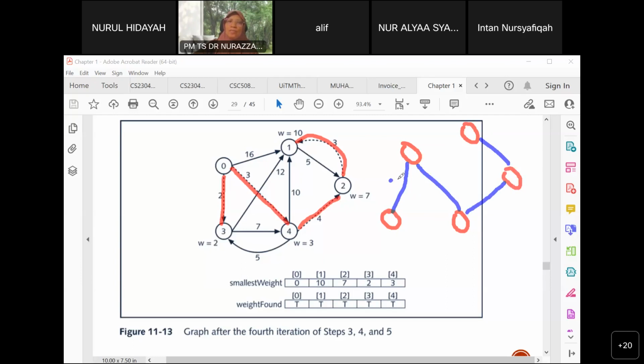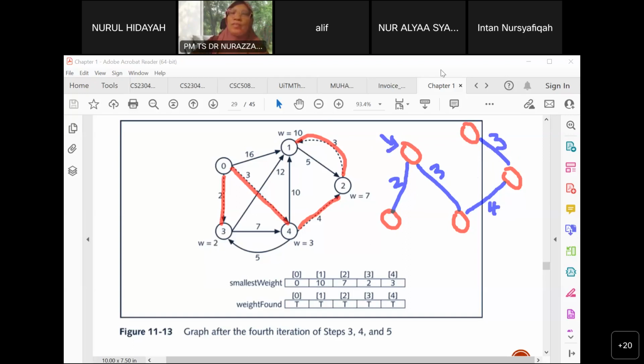That means ini 2, ini 3, ini 4, ini 3. Jadi itu saja. That means semua connected, semua vertices are connected with the smallest width. That means from vertex 0 ni, kalau kita nak pergi mana-mana, kita lalu yang itu yang the smallest. Itu jadi ini dipanggil shortest path algorithm.